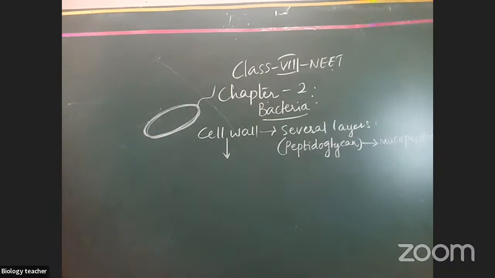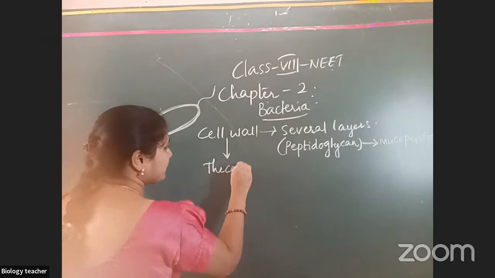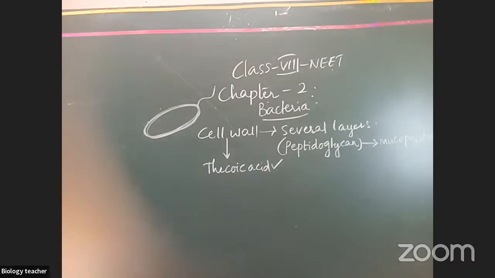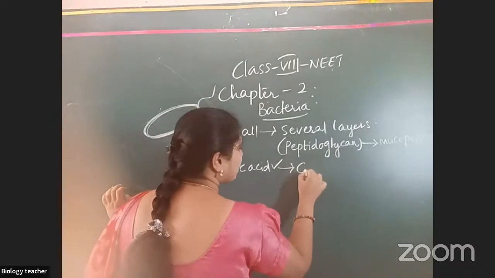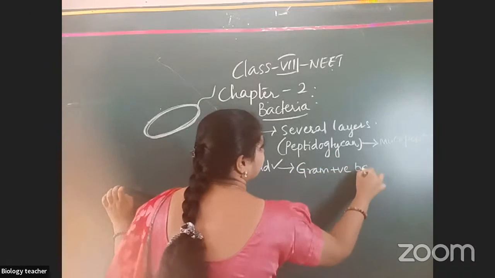If this cell wall contains teichoic acid, then that is known as gram-positive bacteria.